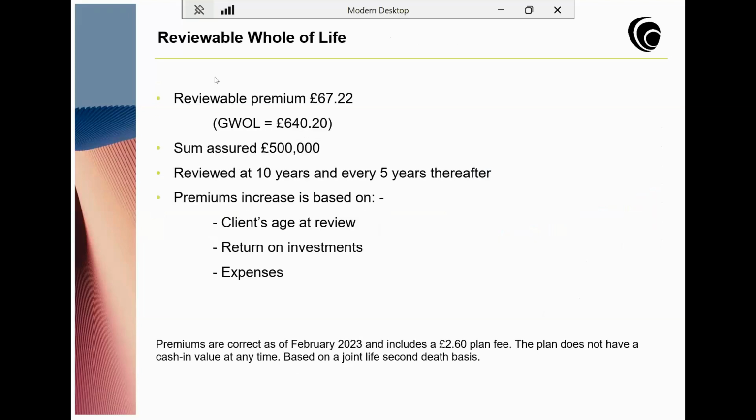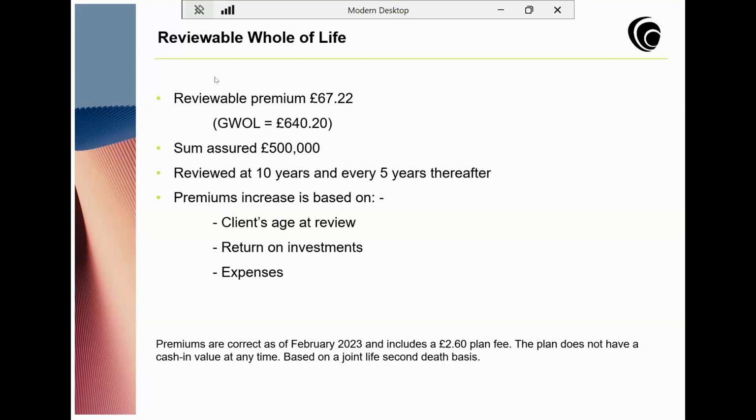There is another option when we look at whole of life, there's reviewable policies. So what's the difference? Well, it's going to be cheaper. So the policy will be reviewed first after 10 years and then every 5 years going on. So it is giving the option for somebody who wants to put some cover in place at a lot lower premium.